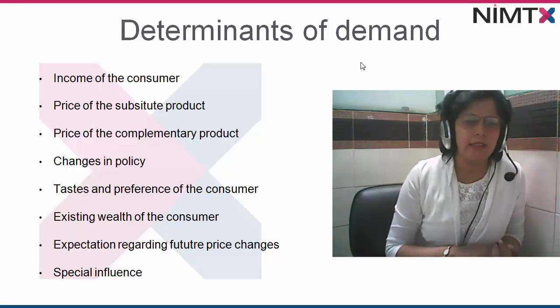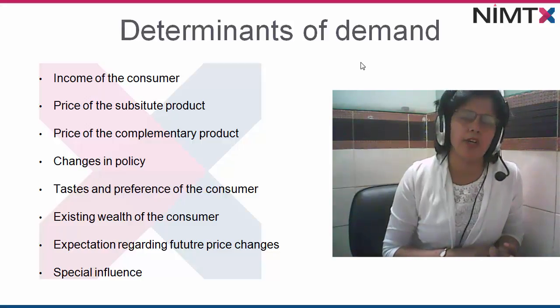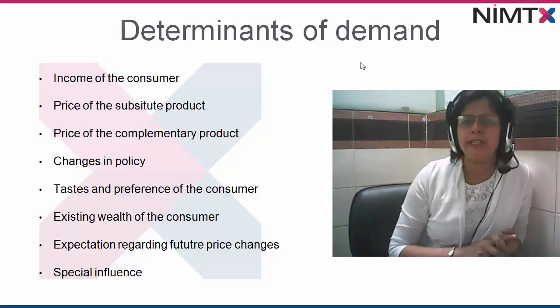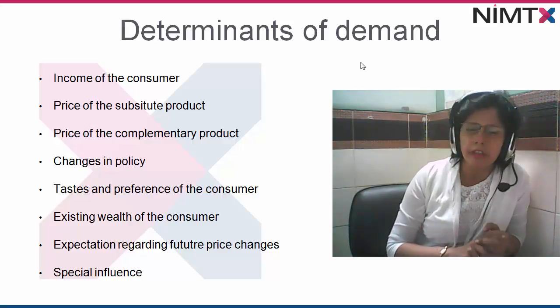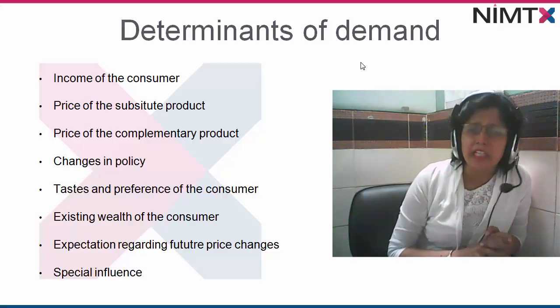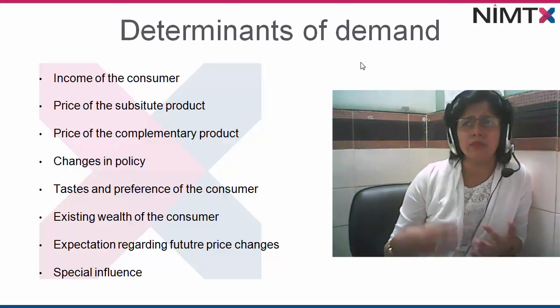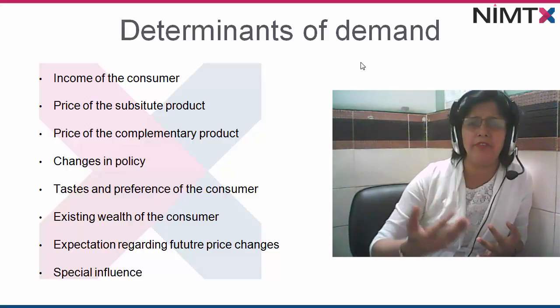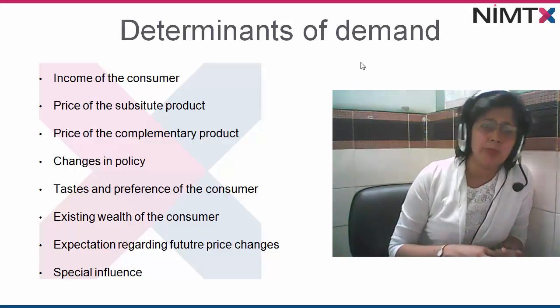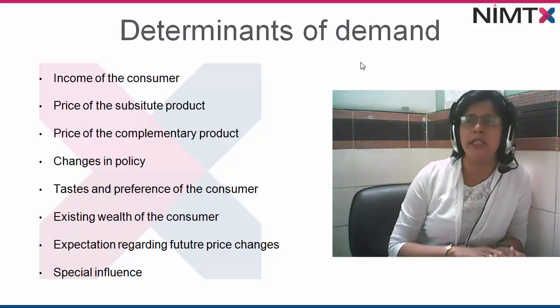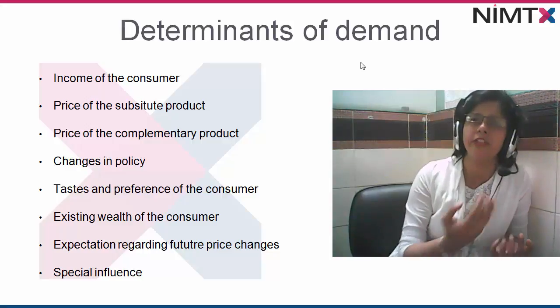The next is changes in policy. How do changes in policy reflect determinants of demand? The major changes we see in determinants of demand are just because of changes in policy. It depends, as every country has a different policy.